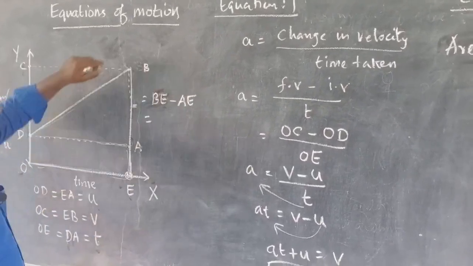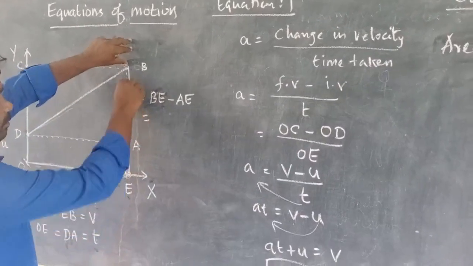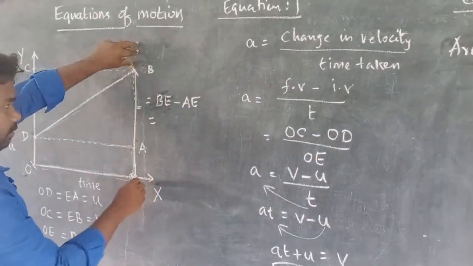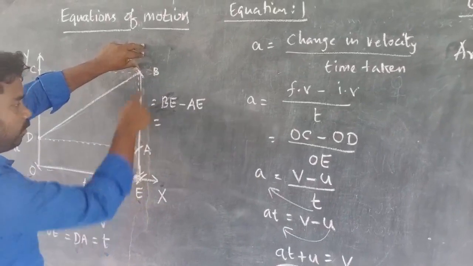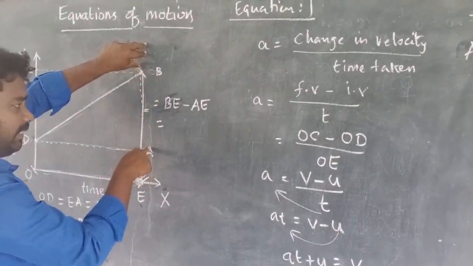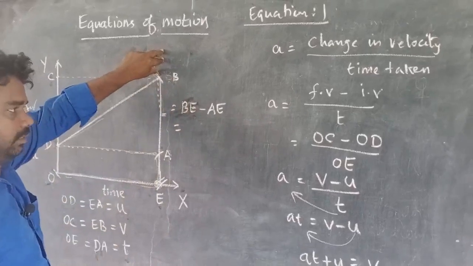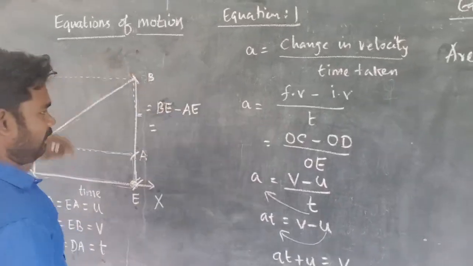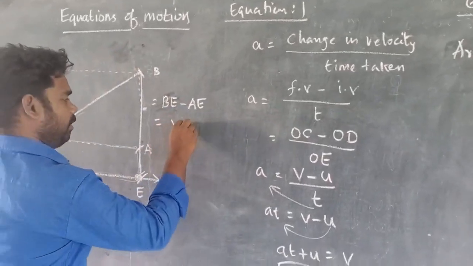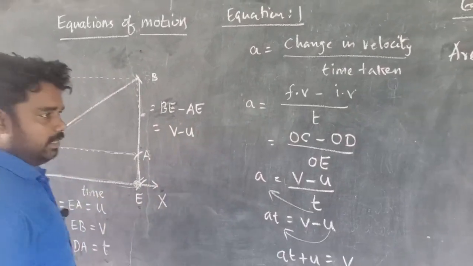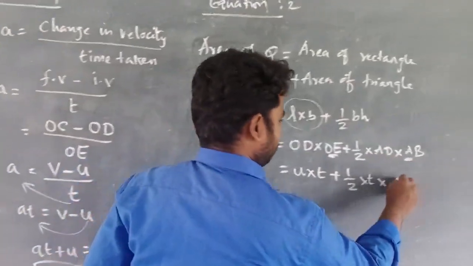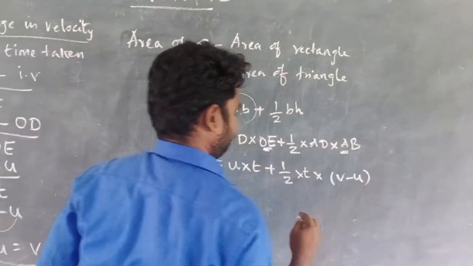If you subtract BE and AE, you will have BA or AB. AB is the change in velocity. So change in velocity will be denoted by V minus U. Okay, put the value here, V minus U.